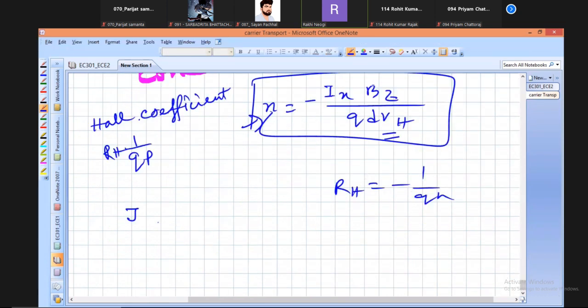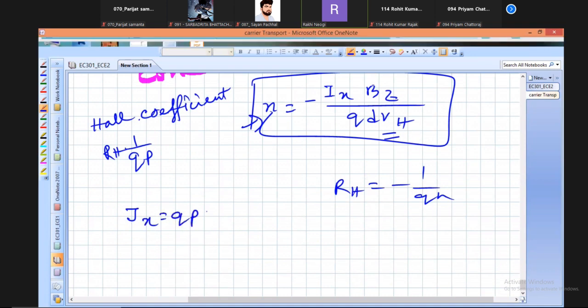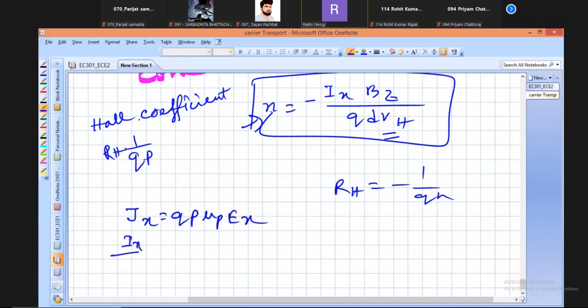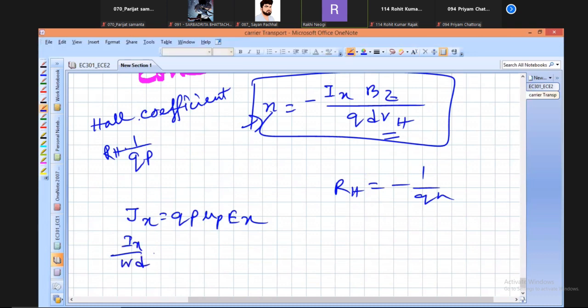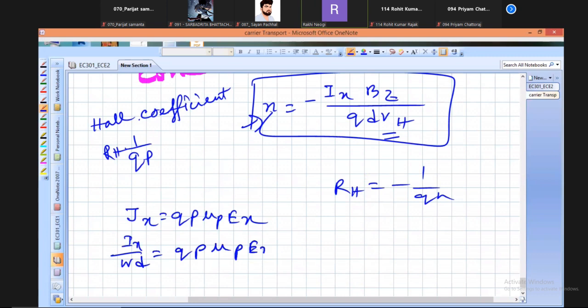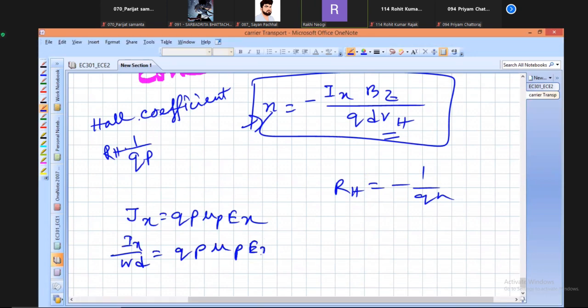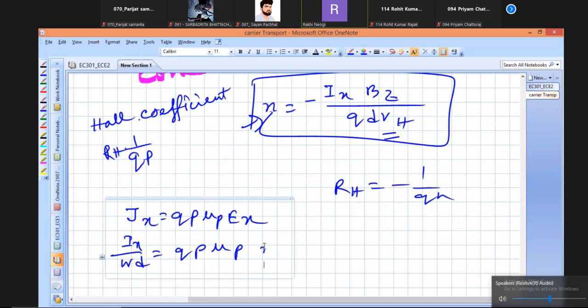So if I write the current density for p-type semiconductor, then I can write Jx equal to Ix by WD, which I already wrote previously, equal to Q. What is Vx? So I can replace this Vx.